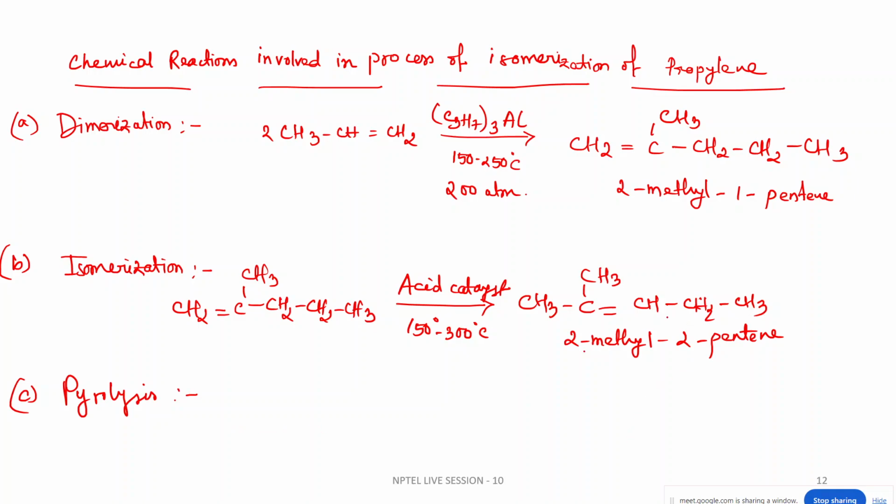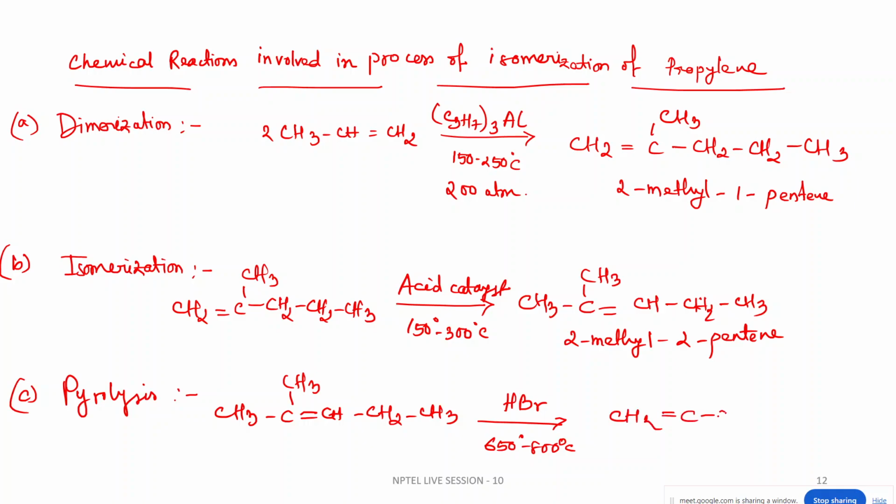In the pyrolysis, this isomer is pyrolyzed at a very high temperature, that is the condition of pyrolysis, in the presence of HBr catalyst, and it produces isoprene and also methane. So this is the overall chemical reactions involved in the isomerization process.